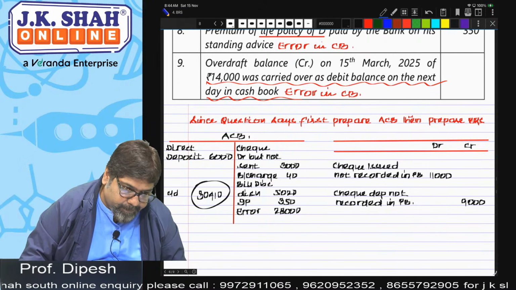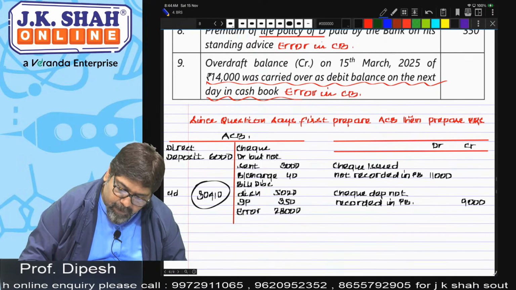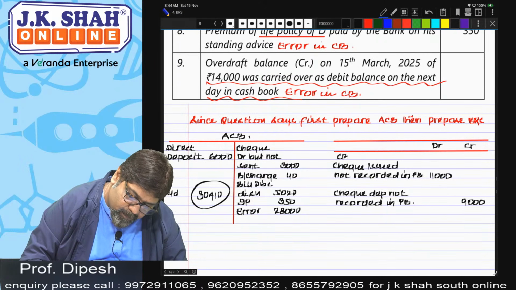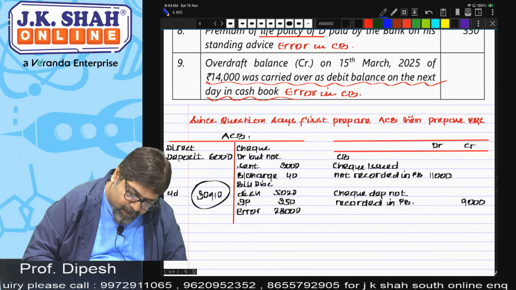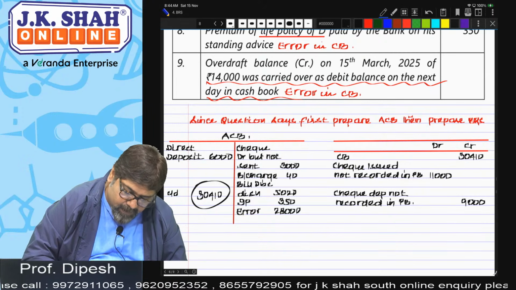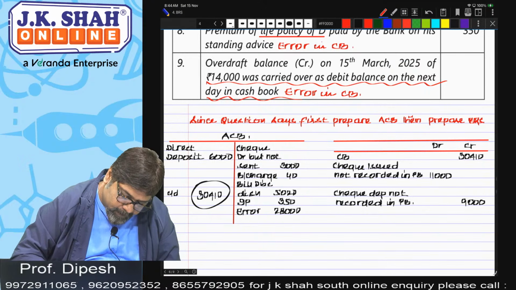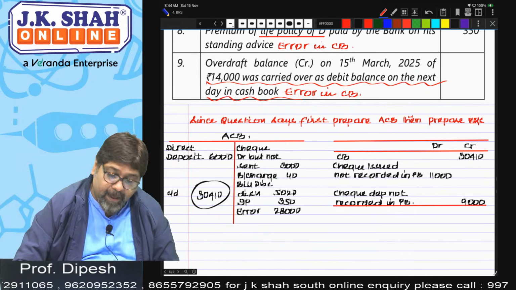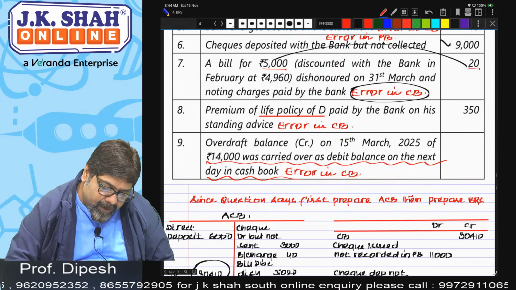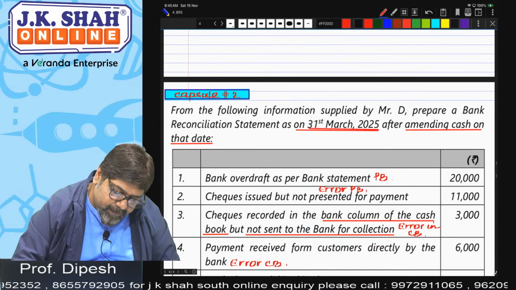So this is an overdraft balance because payments are more. Bank balance as per cash book, credit, 30,410. Now chartered, the doubt: the overdraft balance was credit on 15th of March and we are doing it on 31st of March.